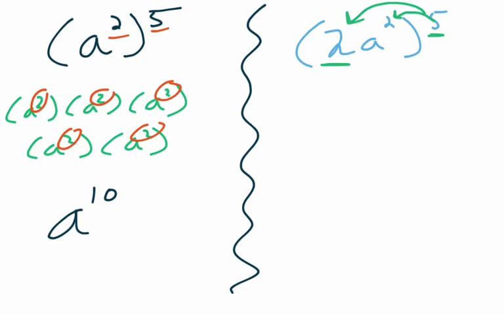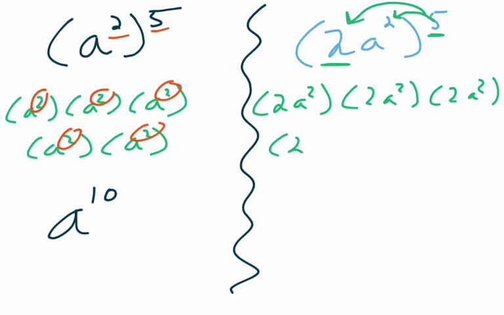Well, as I write this down, if I wrote it out in long form, it's basically like 2a squared 5 times, 2a squared, 2a squared. A little messy, but I think y'all are getting the gist. 2a squared, 2a squared.